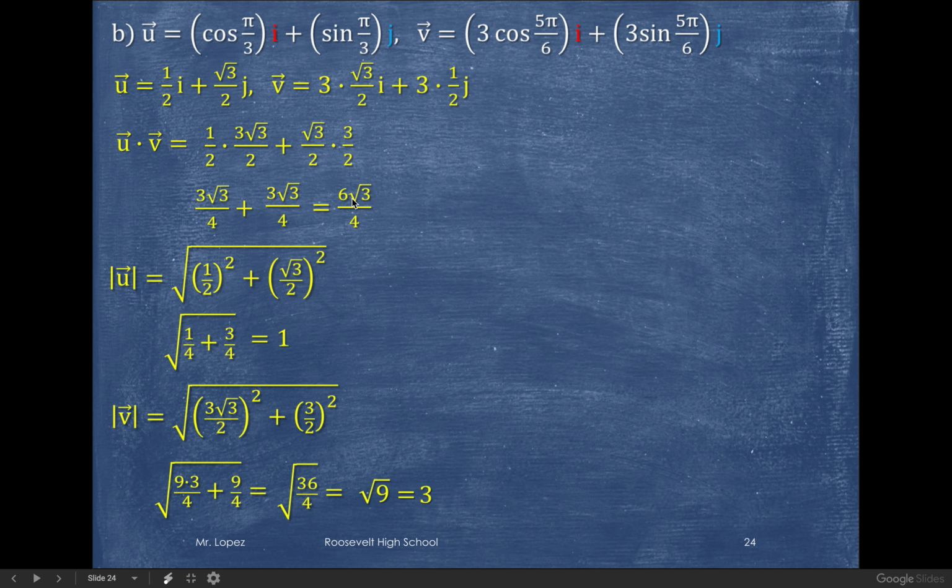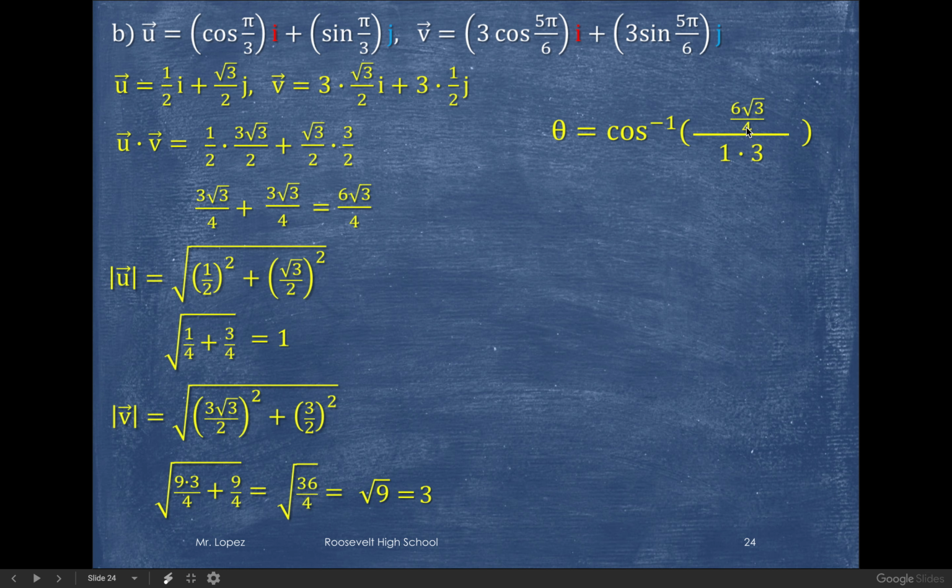The dot product turned out to be this right here on top. So let's go ahead and plug it into the formula. Theta equals cosine inverse of 6 radical 3 over 4 divided by 1 times 3. Multiply these out, you're going to get 3 times 1 is 3.